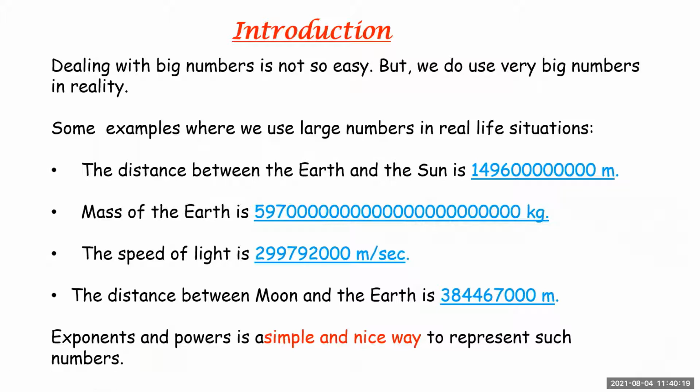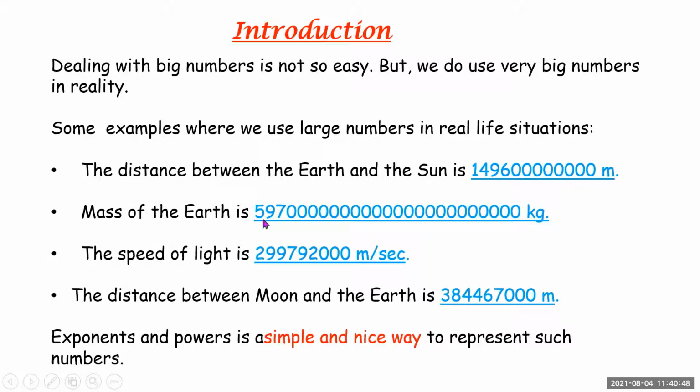Dealing with big numbers is not so easy, but we do use very big numbers in reality in certain cases. Some examples where we use large numbers in real life situations: the distance between the earth and the sun is 1496000 all the way to 0 meters.